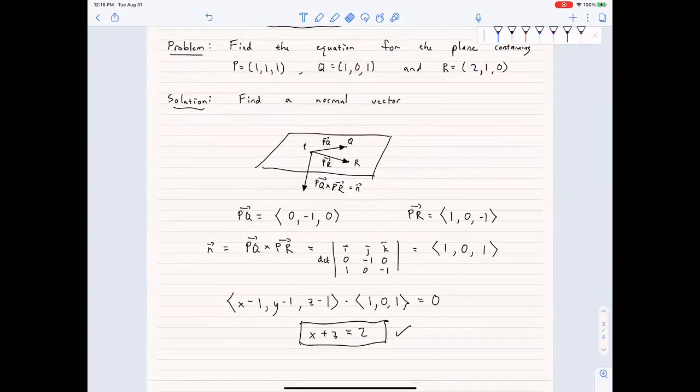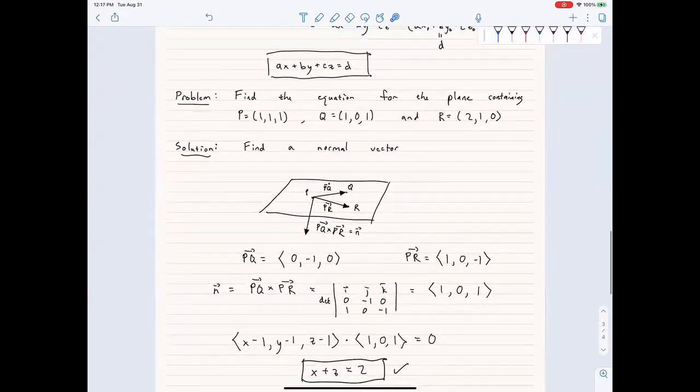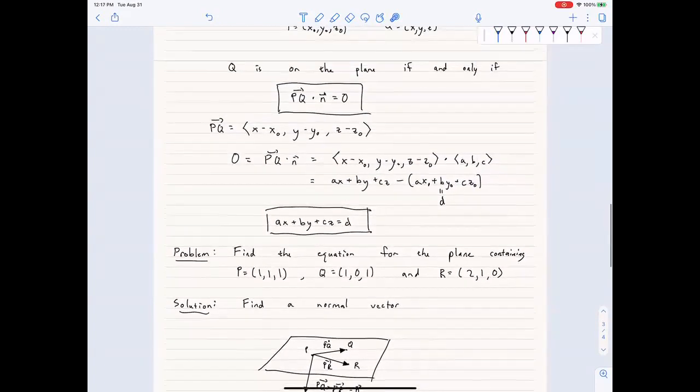Questions? Yes. Yeah, so if I go back to the formulation of the equation, this is this vector here. So how did I get this vector?